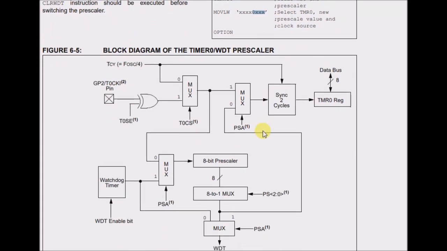Block diagram of the Timer0/WDT prescaler. TCY equals oscillator frequency divided by 4. And that goes into the multiplexer and sync 2 cycles. Here's the GP2 pin, T0CKI pin, and the T0SE pin.